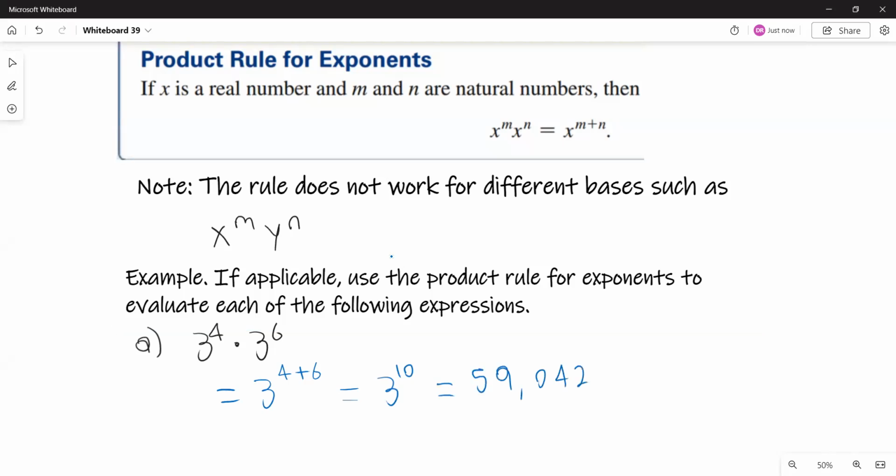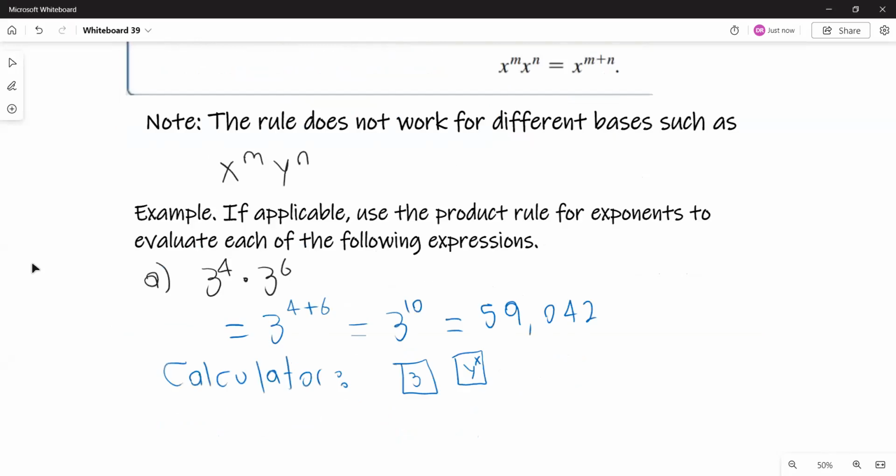Okay, so this is what you do on a calculator. Different calculators have different buttons, but it's going to be something like the button 3. And then you're going to have a symbol like y to the x, or you may have a symbol that looks like this. A symbol looking like that, it really depends on your calculator. And then 10.